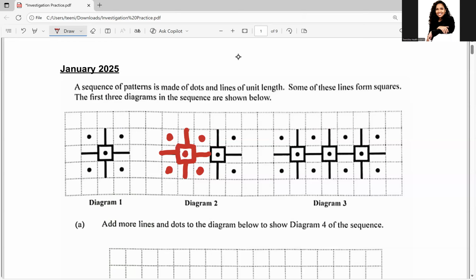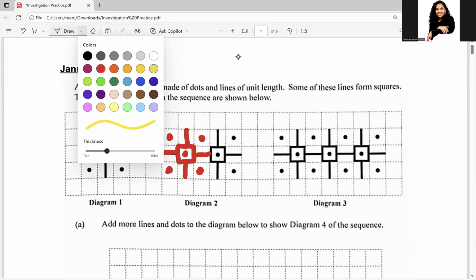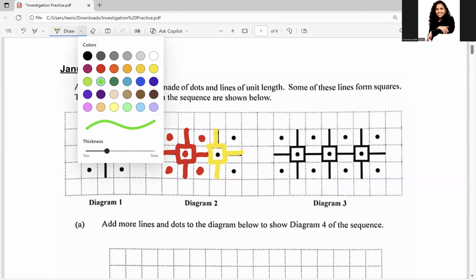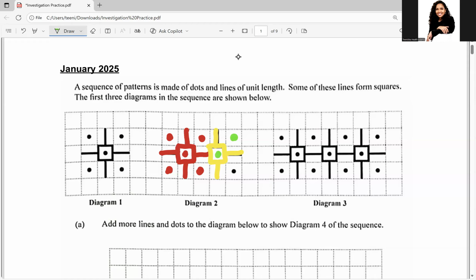And what is added is actually this part here, which is one, two, three, four, five, six, seven straight lines, and then one, two, three dots are added, right?